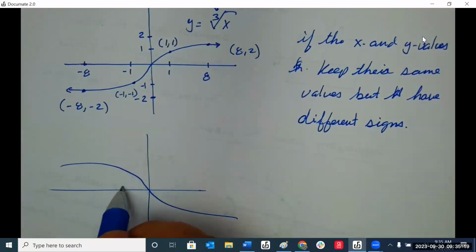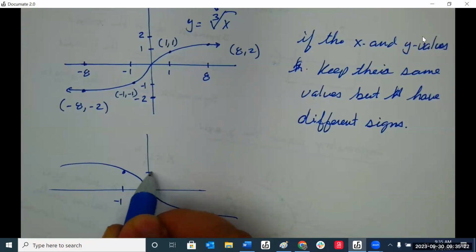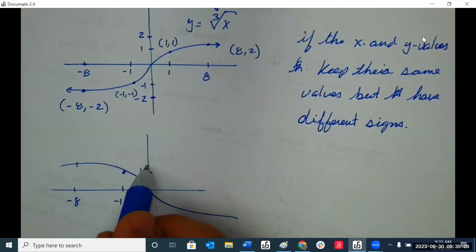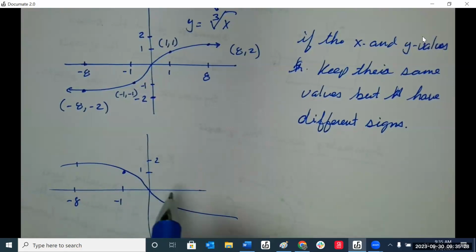Same thing here. This is -1 equals 1. This is -8 equals -2. 1 at -1, 8 at -2.